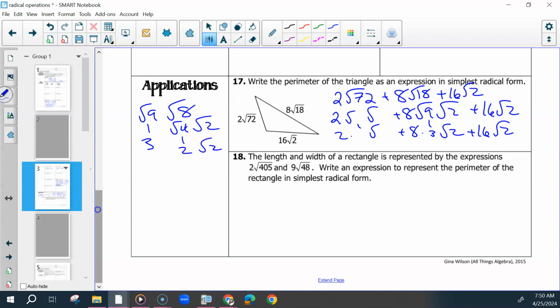But 36 and 2 would work. So you could do that, but then you just have more, and you don't have a whole lot of space, and you already have so many numbers. So we have 12 root 2 plus 24 root 2 plus 16 root 2. Add all three of those together, what would your final answer be?